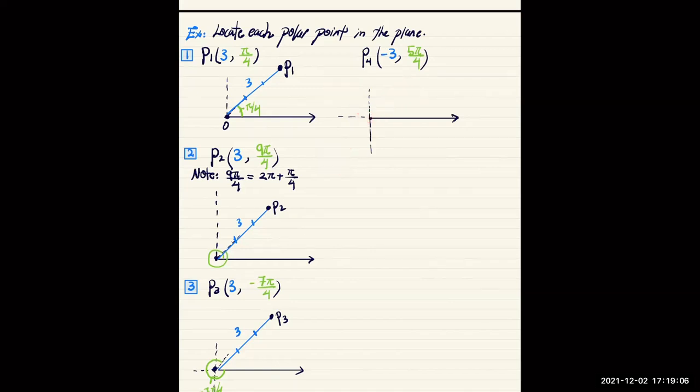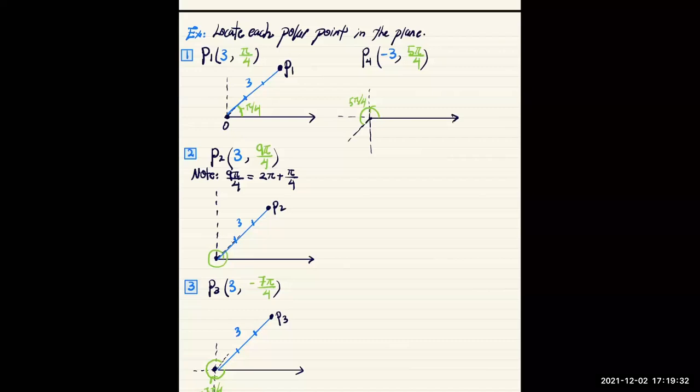Again, I hope your basic trig is good enough. So we go counterclockwise. That is the terminal side of 5 pi over 4. It's in quadrant 3.